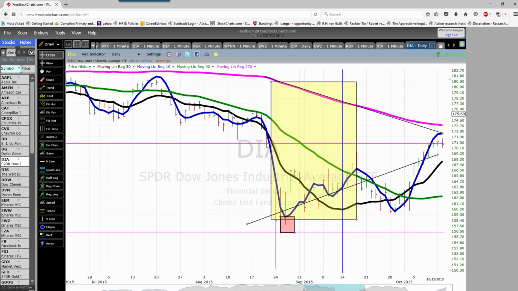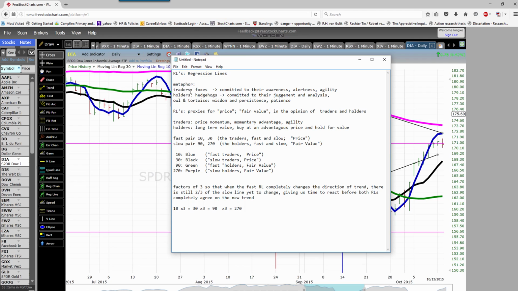It comes out of this interpretation of regression lines using the metaphor of traders as the foxes, holders as the hedgehogs, the owl and the tortoise using wisdom, persistence, and patience to frame trades and then manage them.